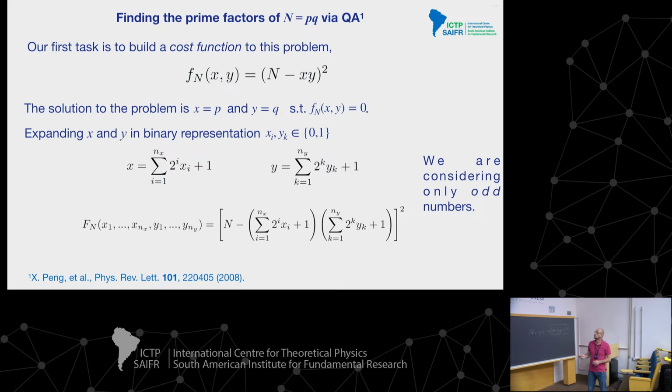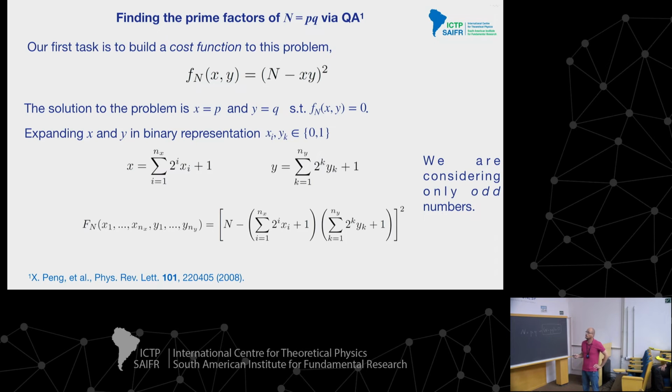So that's the reason. If it is 2, it's very easy to test, just check. So our goal is to find these values xi and yk, right? They are the solution to our problem, because with these values, we will construct the values of x and y.